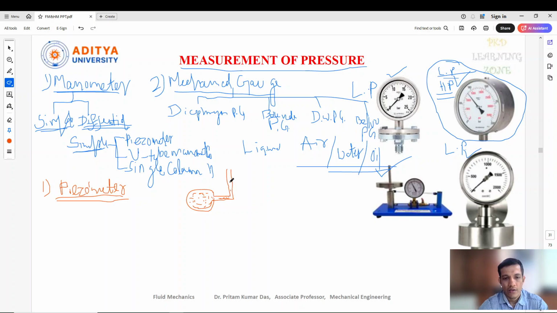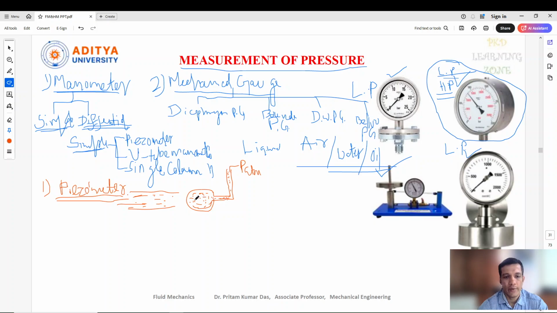One end of this piezometer will be open to the atmosphere, so that is the atmospheric pressure, and this is the pipe where, suppose, water is flowing. If you want to measure the pressure of the liquid, you can insert a tube inside, and the tube looks like this.